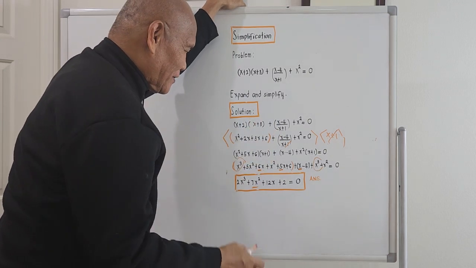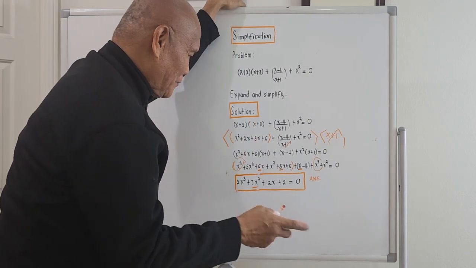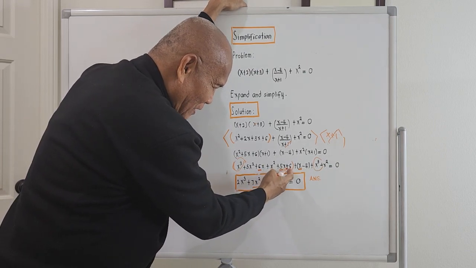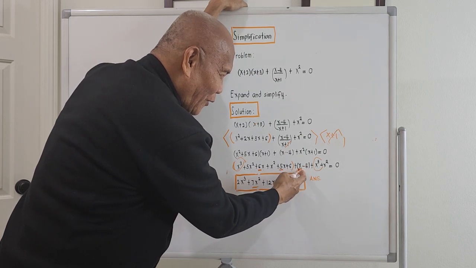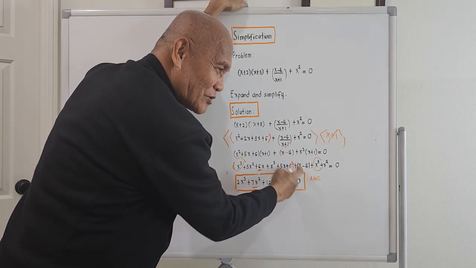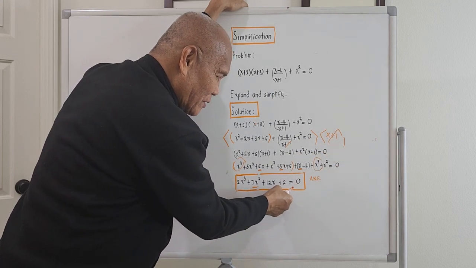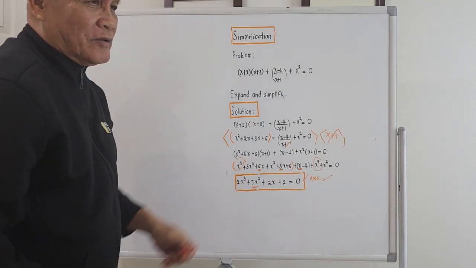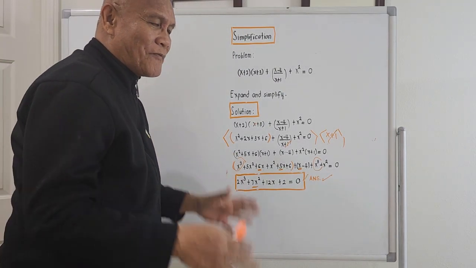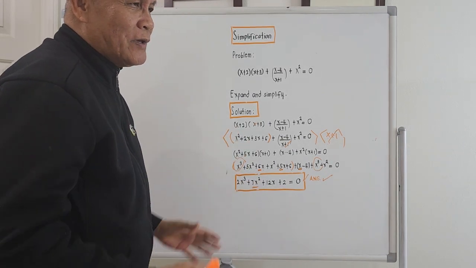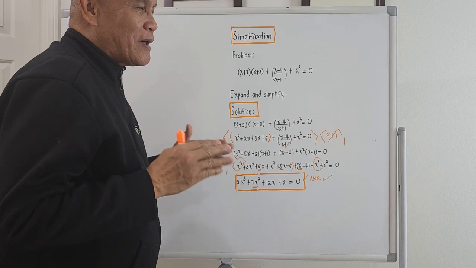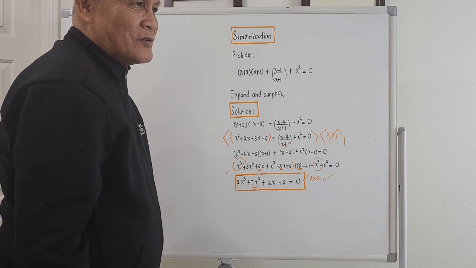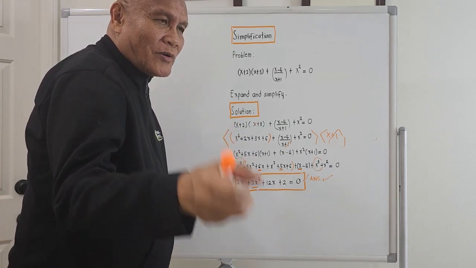And the last part will be the pure constants: 6 plus minus 4 plus the quantity minus 4. So 6 minus 4 is 2, plus 2, and this should be equal to 0. That will be our final answer. That's the procedure on how to simplify. While we are simplifying, inside our mind we are thinking of the concepts we are using. It's always like that. Good morning from Los Angeles.